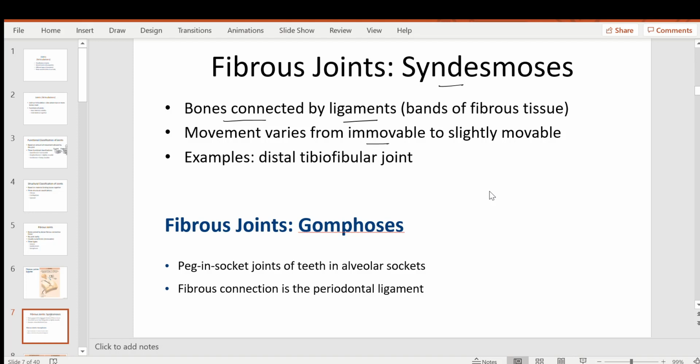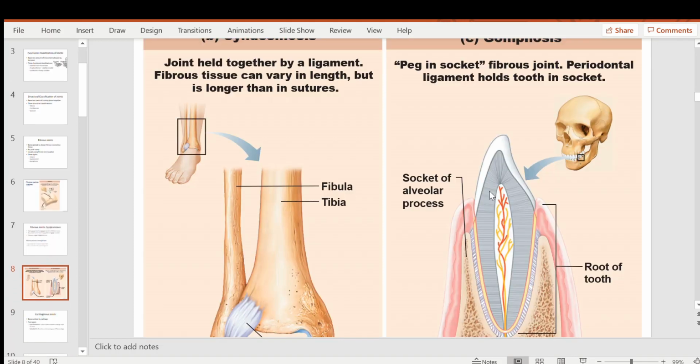Some syndesmosis joints are immovable, some are slightly movable. For example, the distal tibiofibular joint. Here you see this is the tibia, this is the fibula, and this is the distal part, and this is the ligament connecting the bones together. So this is an example of a syndesmosis type joint.